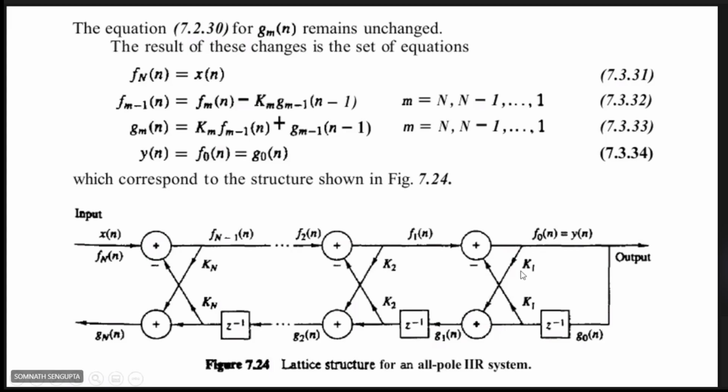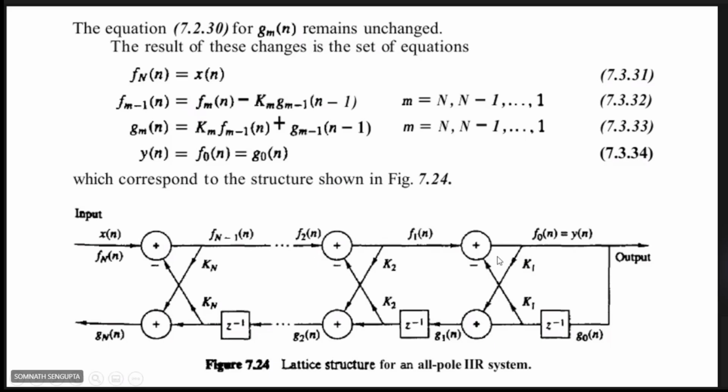So here also the reflection coefficients are k. The output f_0(n) is multiplied with k_1, and g_0(n) is delayed and multiplied with k_1. This operation is the same as the FIR case, and these are added.